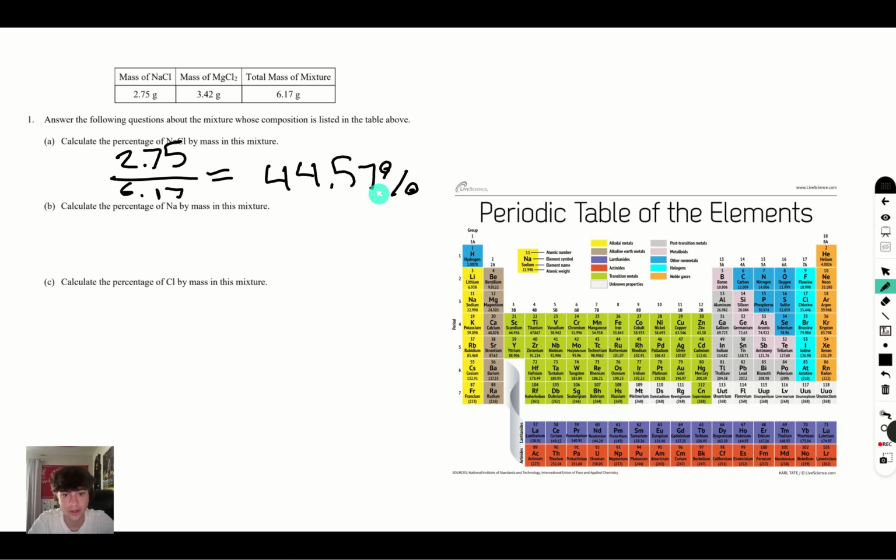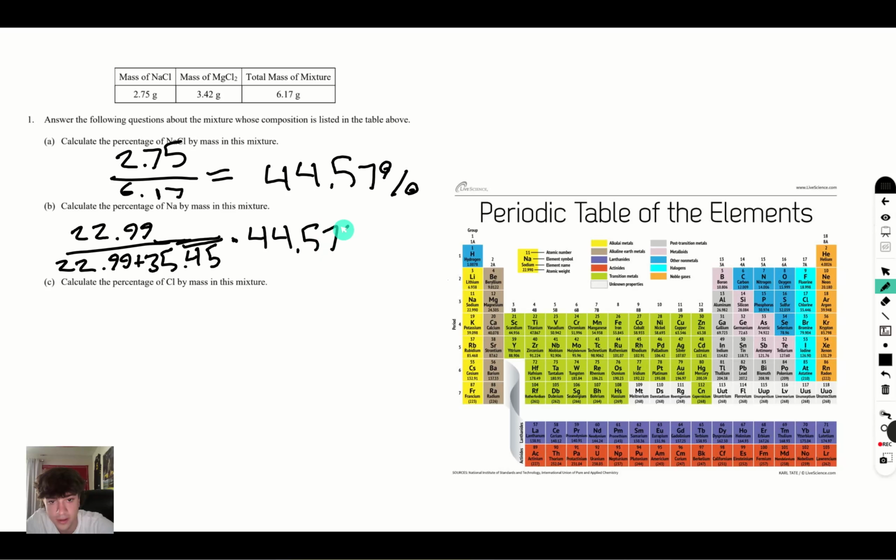Let's do that really quickly. 22.99, which is the mass of Na, divided by 22.99 plus the mass of chlorine, which is 35.45. Then you multiply that by your 44.57%.